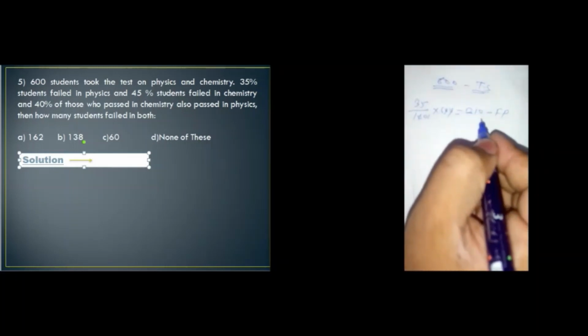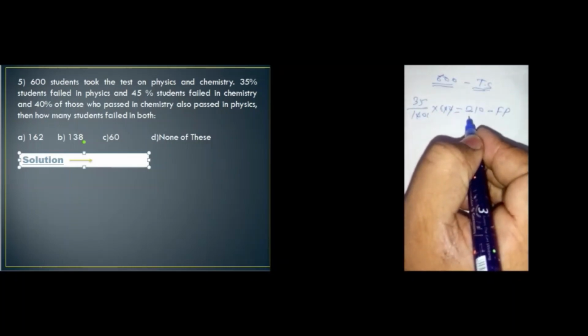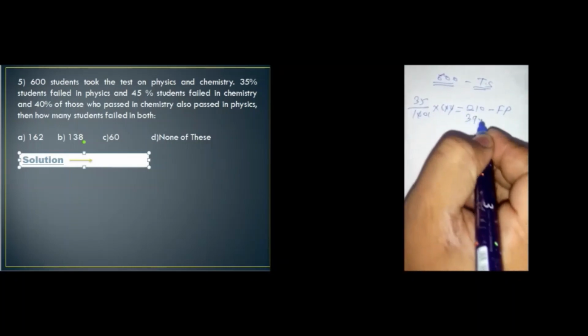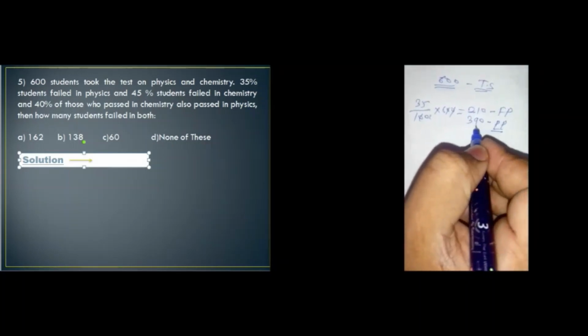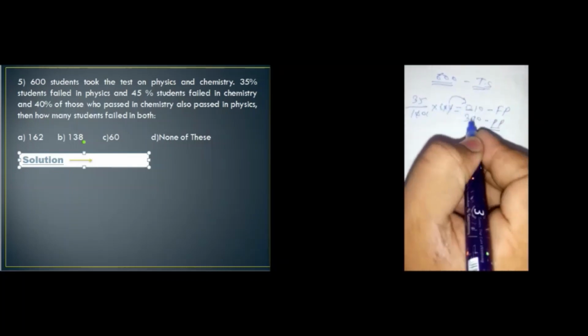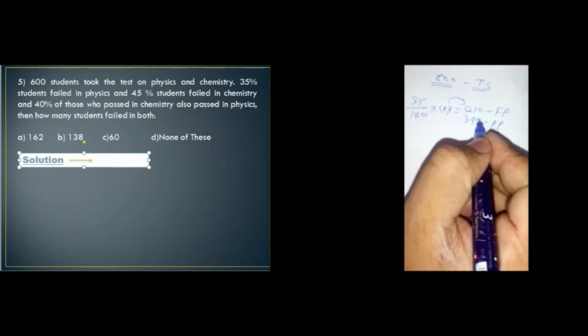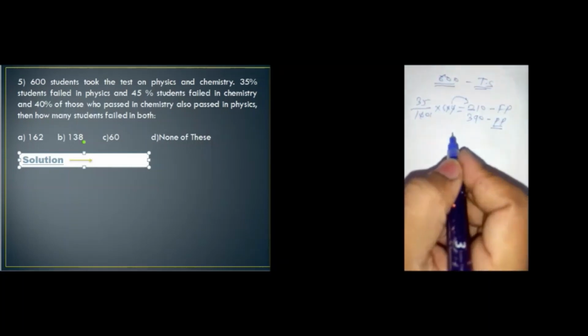FP stands for failed in physics. So if 210 failed, that means the number of passed students is 390 in physics. PP stands for passed in physics. Simply by subtracting 210 from 600, you will get 390. So 210 failed in physics and 390 passed in physics.